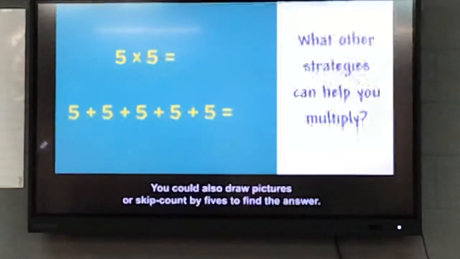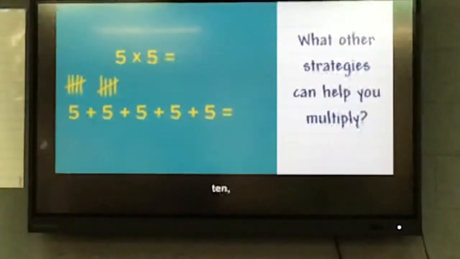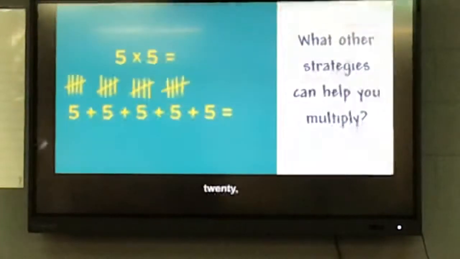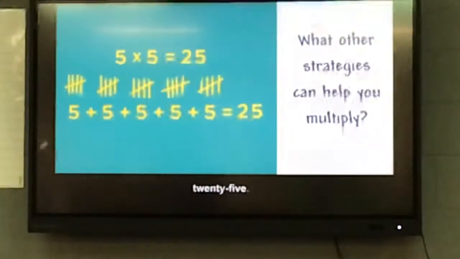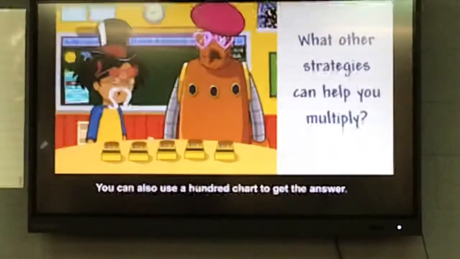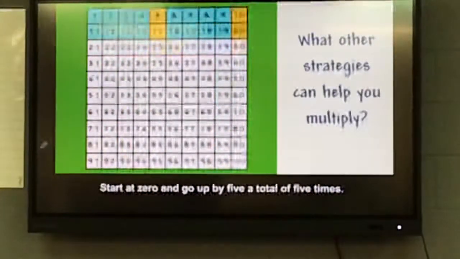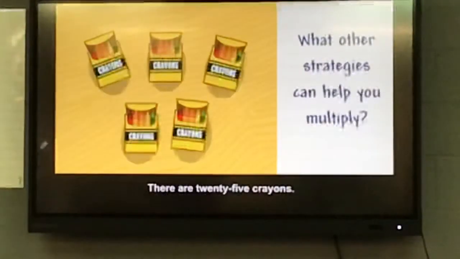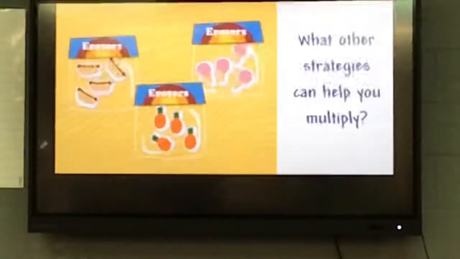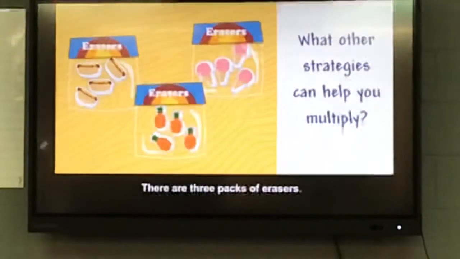You can also draw pictures or skip count by 5s to find the answer. 5, 10, 15, 20, 25. You can also use a 100 chart to get the answer. Start at 0 and go up by 5 a total of 5 times. There are 25 crayons. There are 3 packs of erasers.